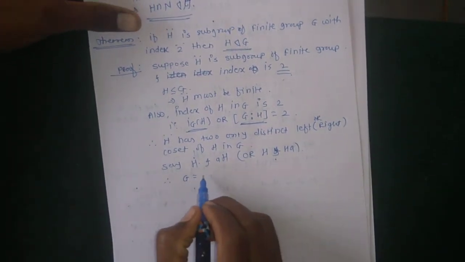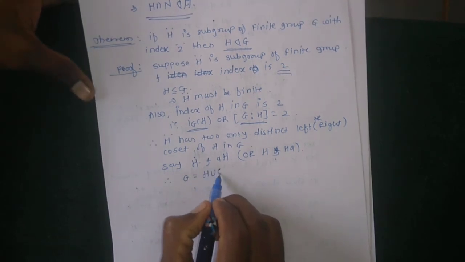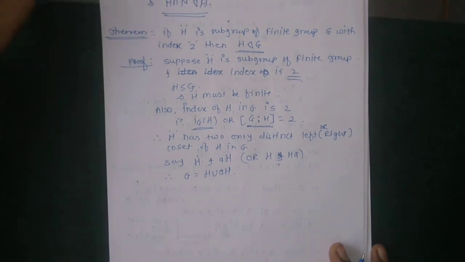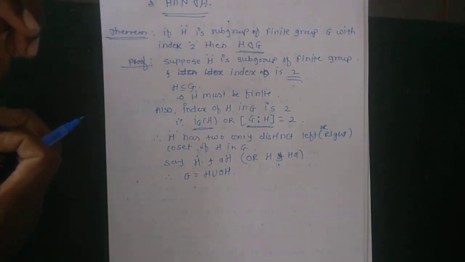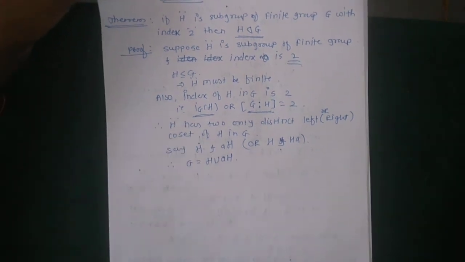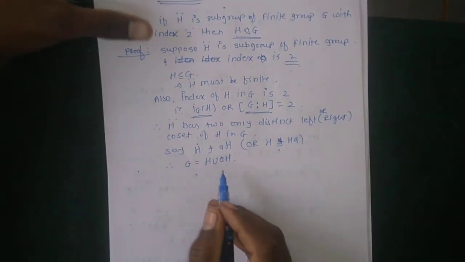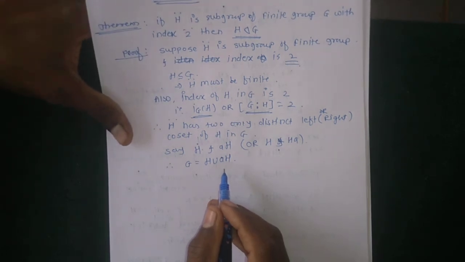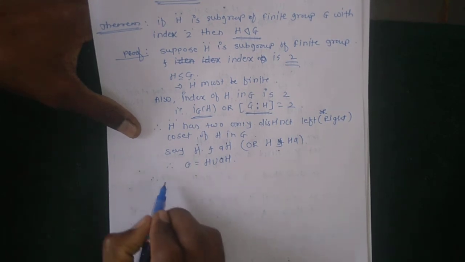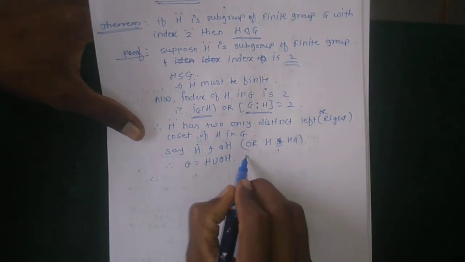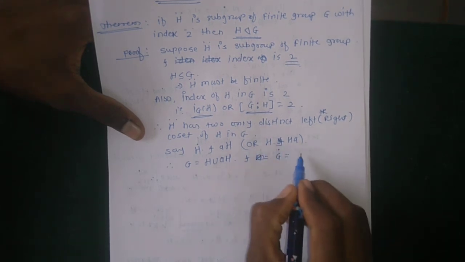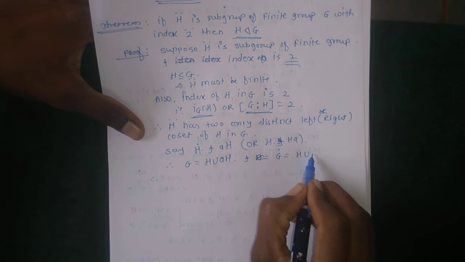Therefore G can be written as their union. H has two distinct left cosets, which implies that G can be written as the union of cosets, so G is equal to H union aH. And G can be written with the right cosets also, H union Ha.